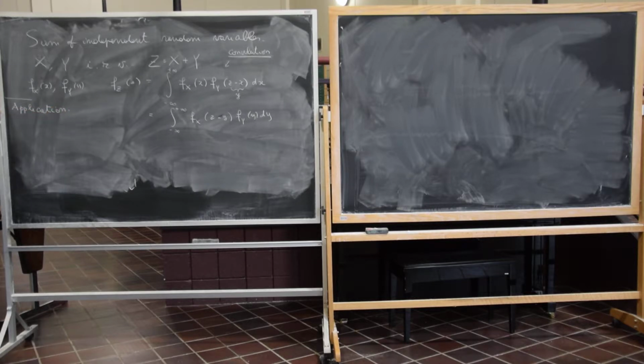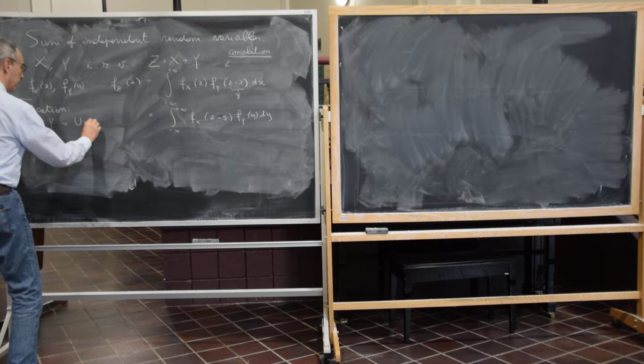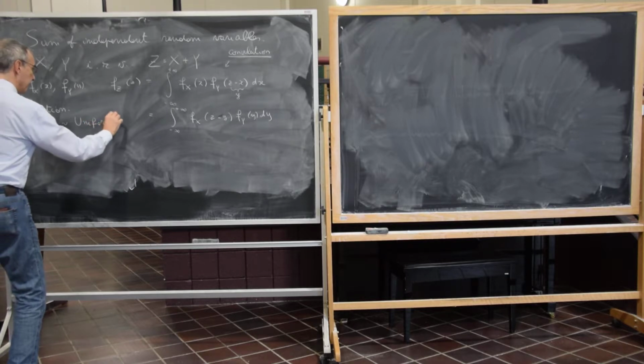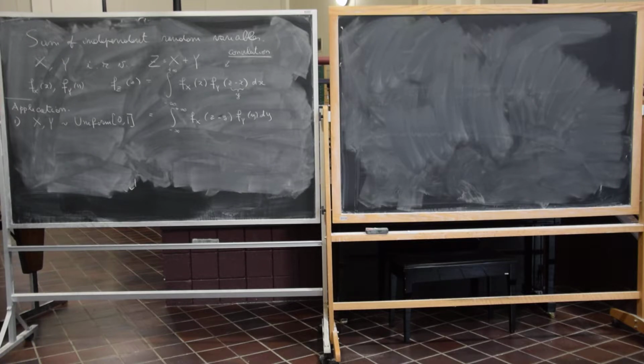Then as an application of this, the first application we considered was the case in which X and Y are both uniformly distributed on 0, 1. And then the result was that f_Z, if you remember, is a function.